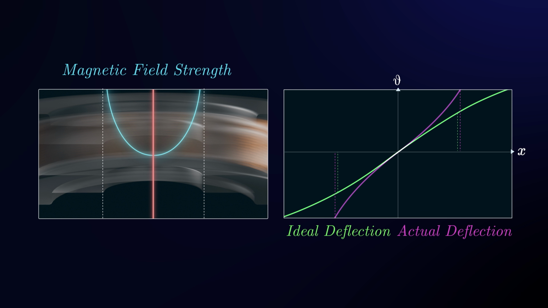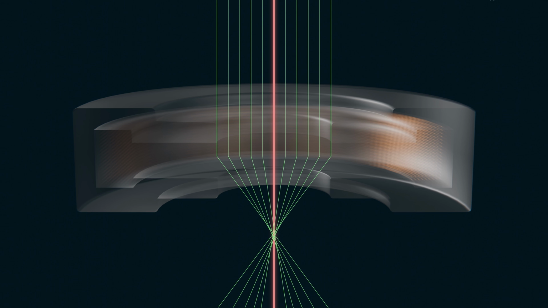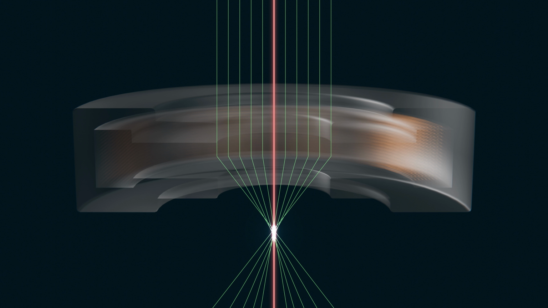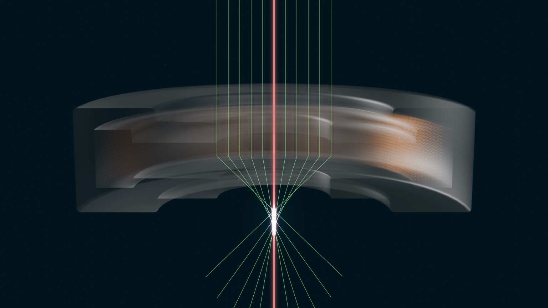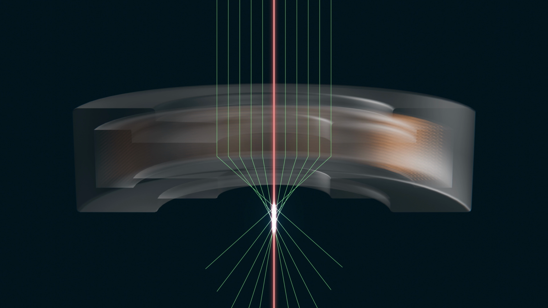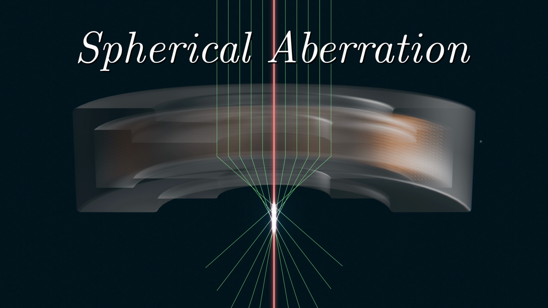Their angles are bigger than they should be, so they end up focusing before the rays in the middle. And as a result, the focus is spread across the optical axis instead of being contained in a single point. The blur starts out around the edges of the image, but it gets worse the higher the magnification. This is called spherical aberration, and it distorts every radially symmetric magnetic lens.